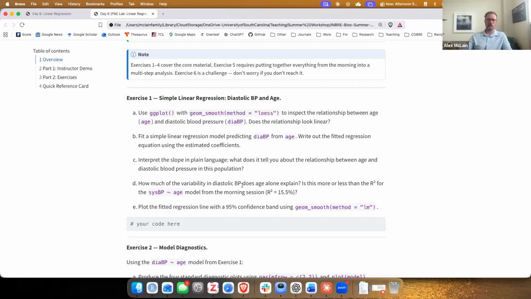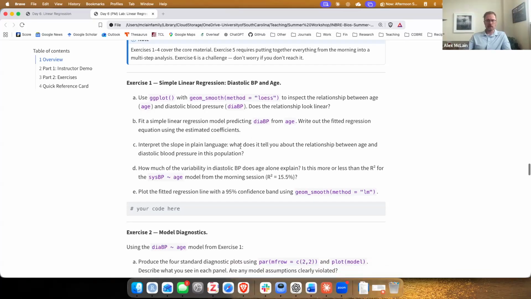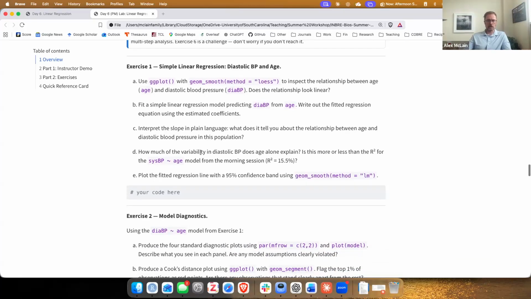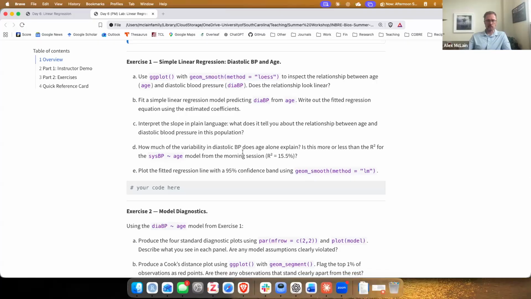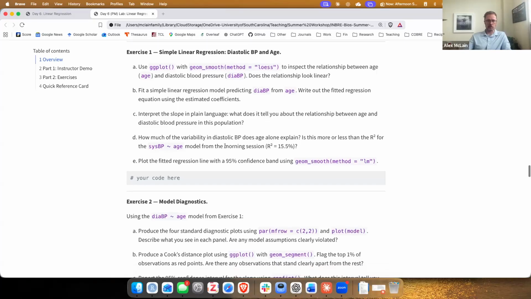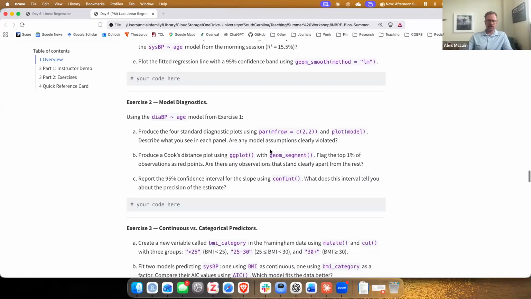But we're going to go through things the same way we went through the first example in the morning: plotting the two variables, fitting a simple linear regression model, interpreting the slope, a question about the R square value, comparing it to what we found in the morning, and then plotting the fitted regression line.